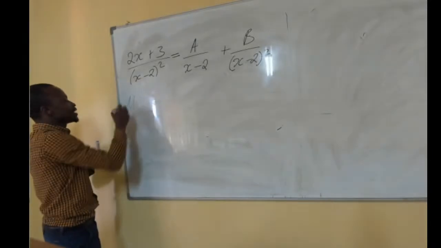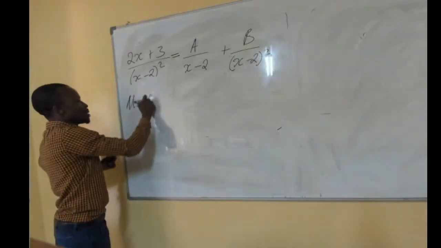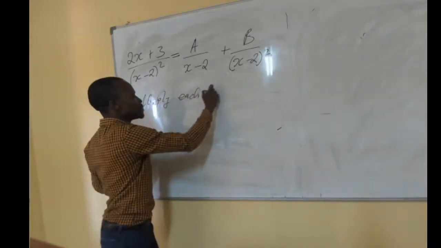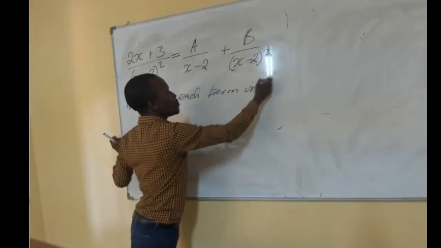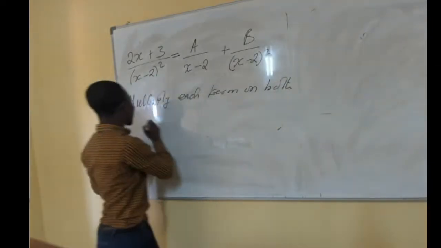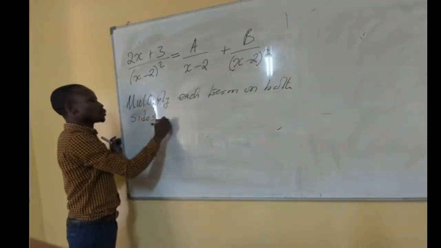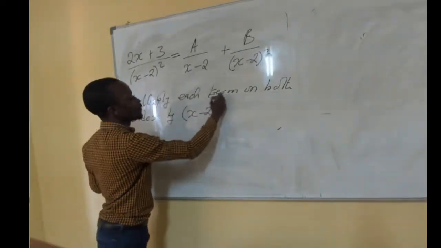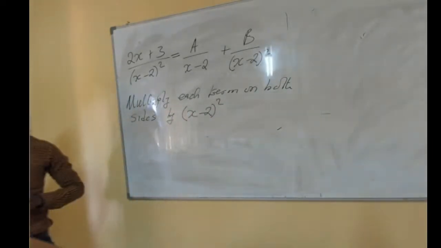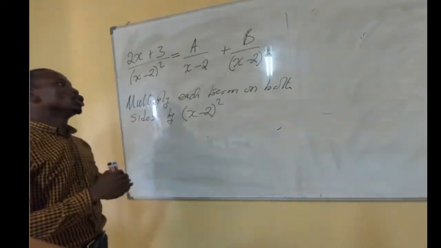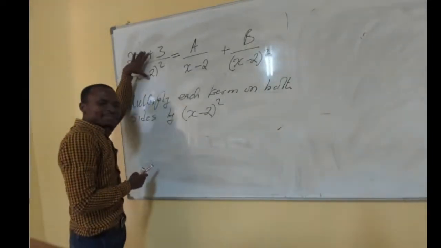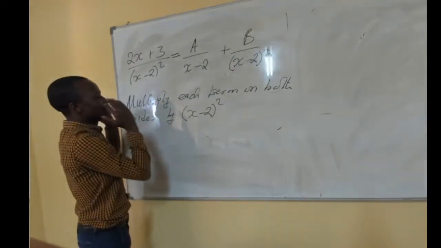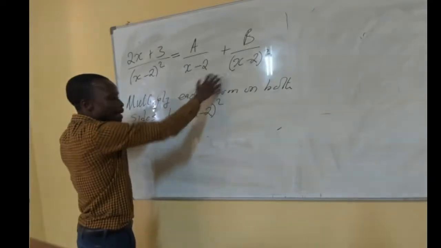Now, you look at the given expression, so we are going to say multiply each term on both sides by the denominator of the rational function given. So the denominator of this rational function given is the square of x minus 2. So you multiply each term on both sides by this.